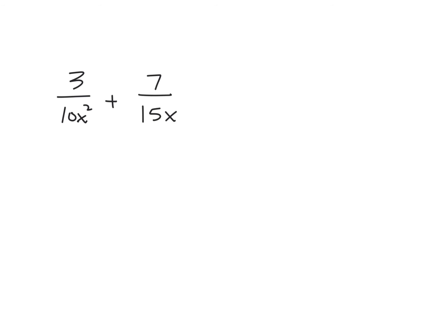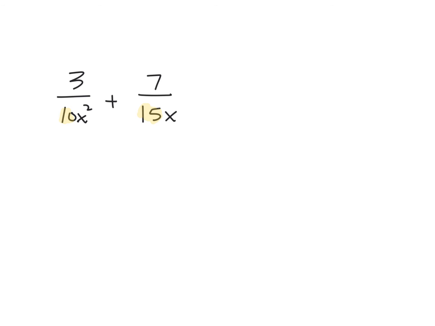And the first place I want to look is my coefficients. I just treat 10 and 15 like I would any other set of numbers in a normal fraction. First, does 10 go into 15 evenly? No. So I know 15 can't be the lowest common multiple, so I got to go bigger than that. What number does both 10 and 15 go into? 30.